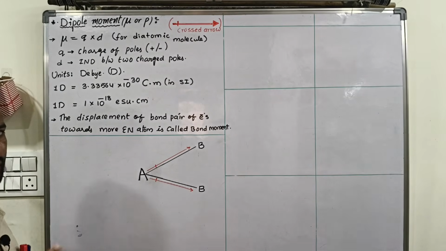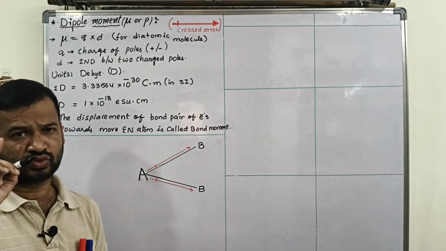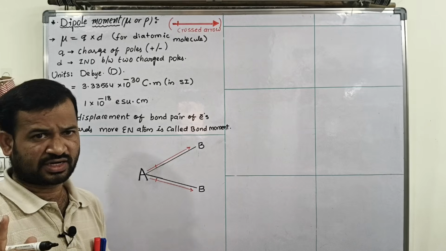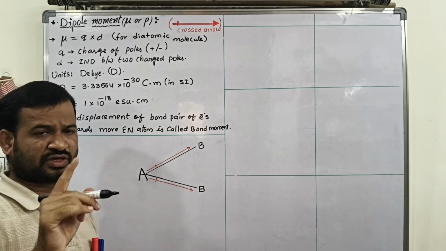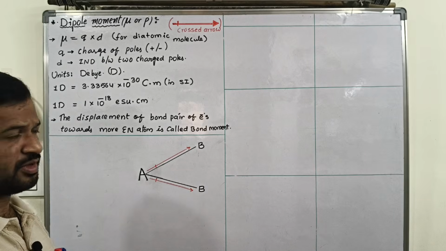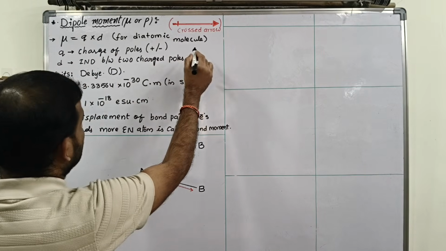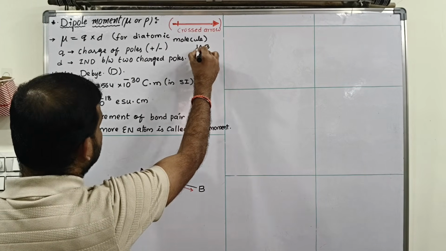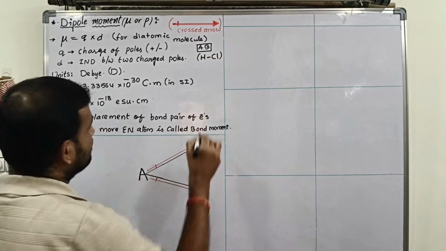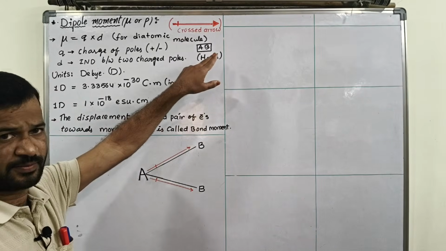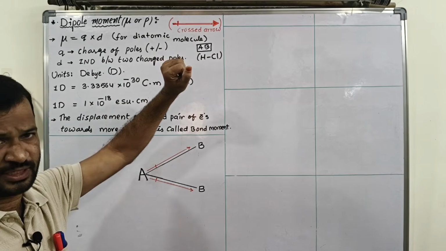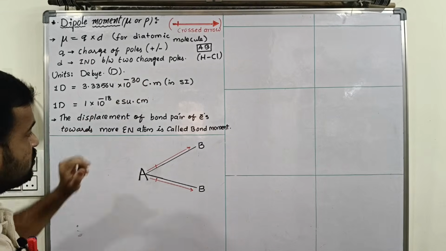For a polyatomic molecule, that means if there are more than two bonded atoms, or if the molecule contains two or more atoms, that is called a polyatomic molecule. So this formula is only for AB type molecules like HOCl, for example. Only two atoms are there, and two atoms means diatomic molecule. If more than two atoms are present in the molecule, we should use this other formula.